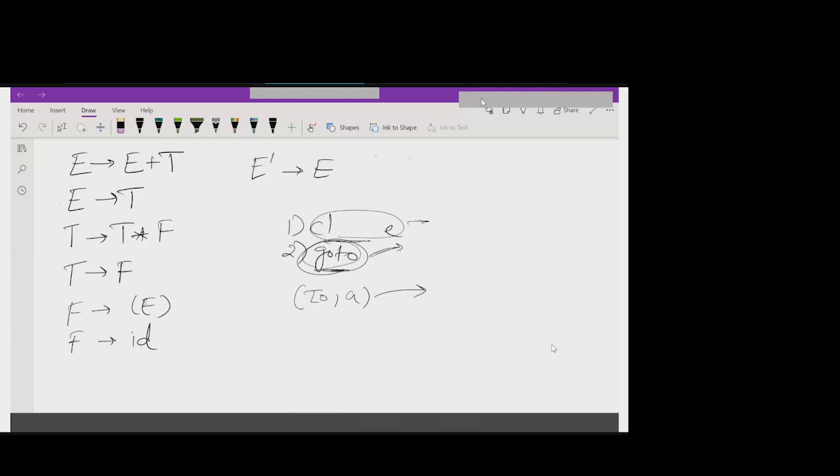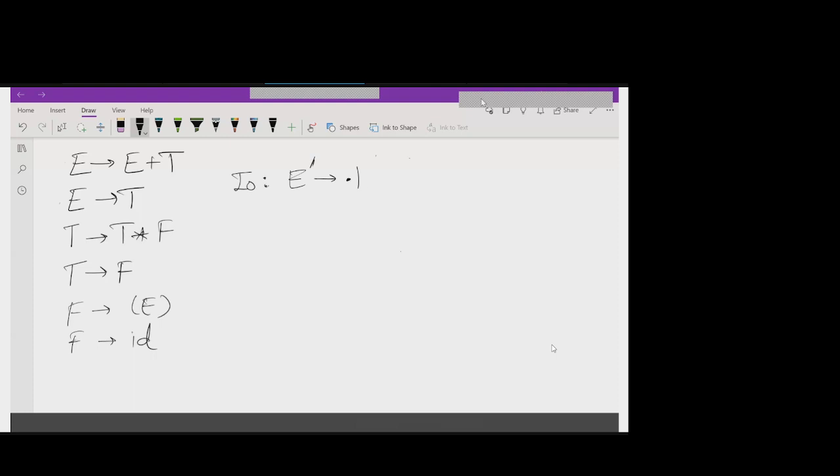So right now we are going to make the I0 set, right? So how to make the I0 set? The I0 set, you can say, is the first state. You have learned states and state diagrams, right? You all know. So this is the I0 set. In the I0 set, you need to add the augmented grammar, and then you have to put a dot, right?